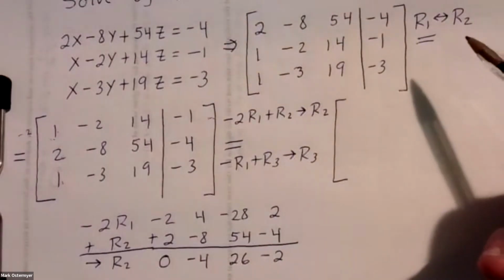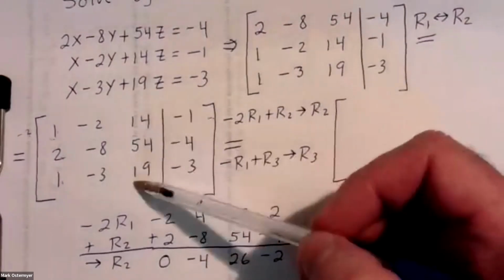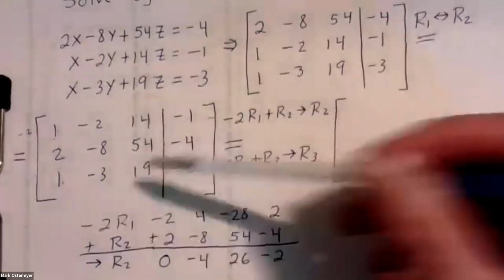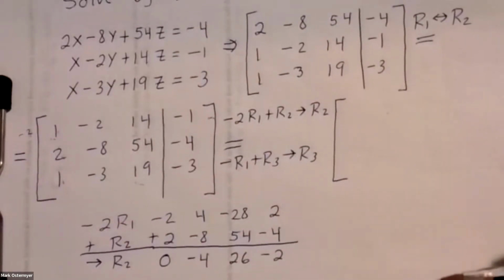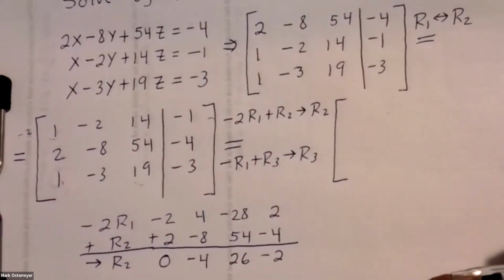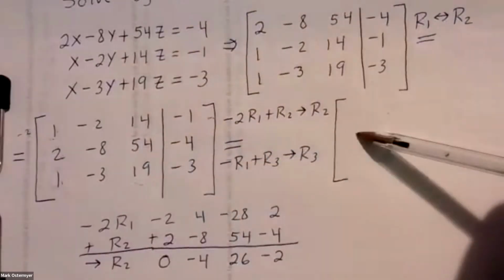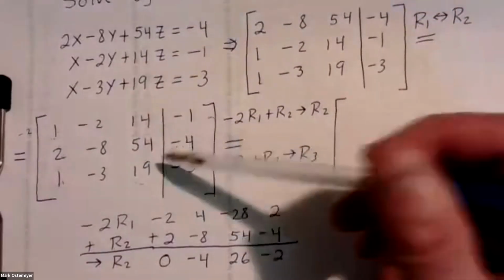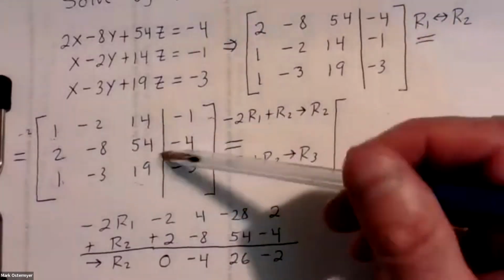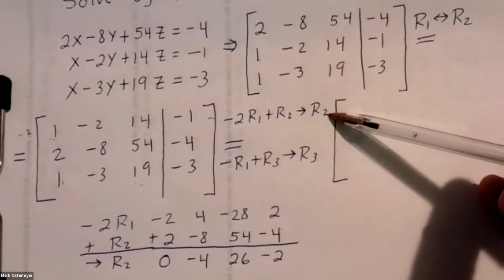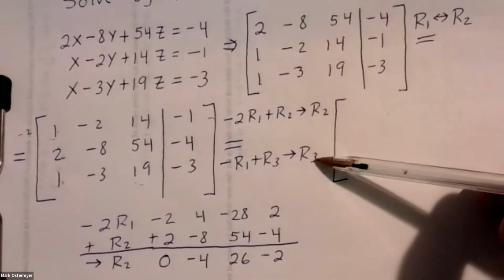Which row is not changing going from here to here? Which row am I not changing? Row 3? Well, no, I'm going to be changing rows 2 and 3.